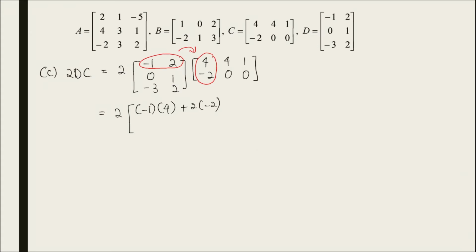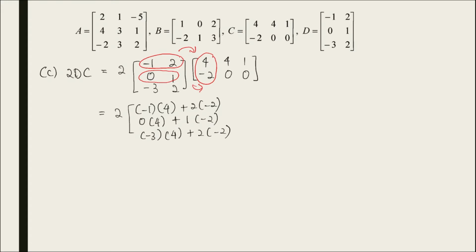Okay, continue with the next row with the same column. Then 0 times 4 plus 1 times negative 2. And the third row, negative 3 times 4 plus 2 times negative 2.